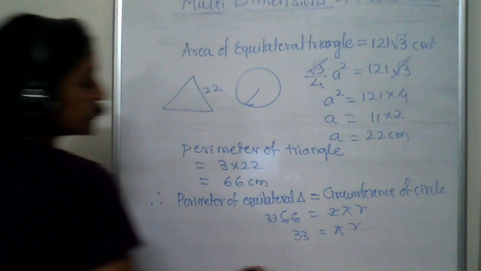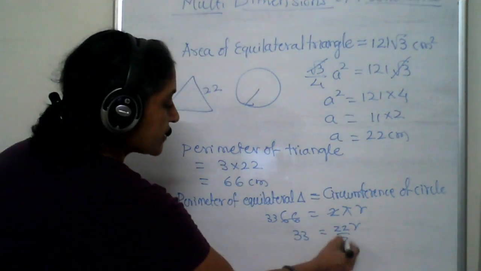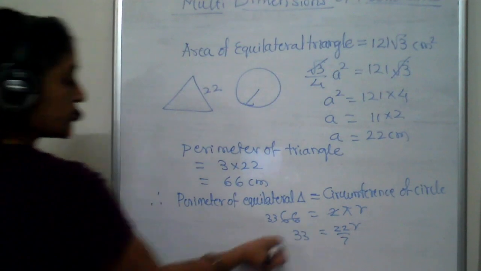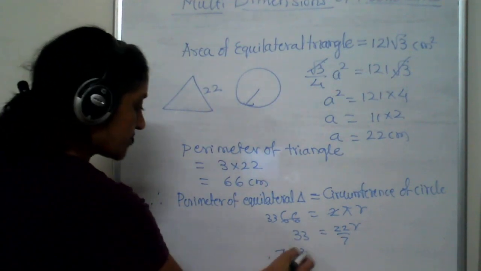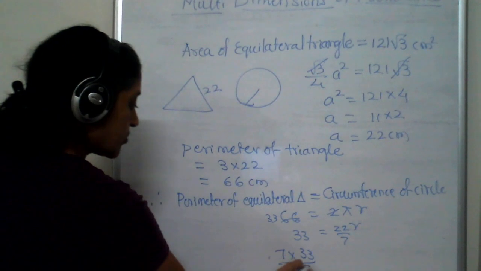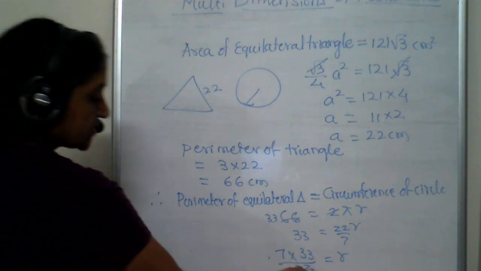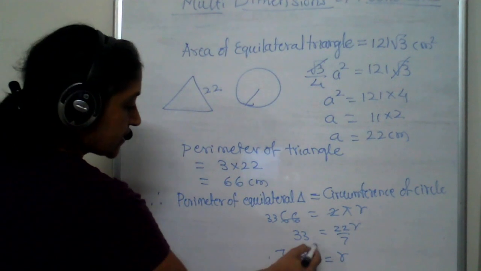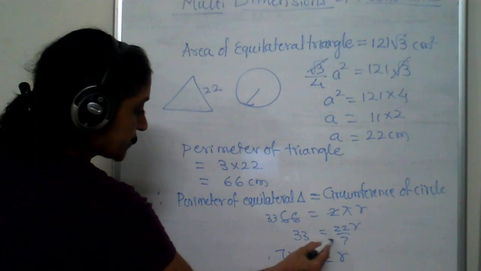Now pi value is 22 by 7. We'll write that only here, 22 by 7. Take this 22 by 7 to this side. It will be reciprocal. That is 7 into 33 upon 22 equal to r. You can see that 11 twos are 22 and 11 threes are 33, and 2 ones are 2, 1.5s are 1.5.